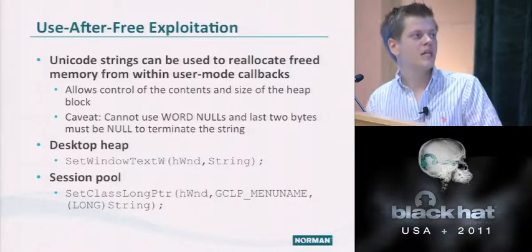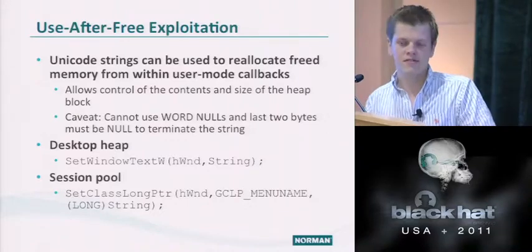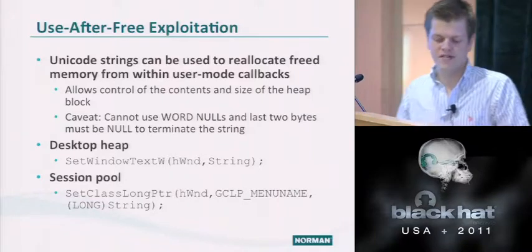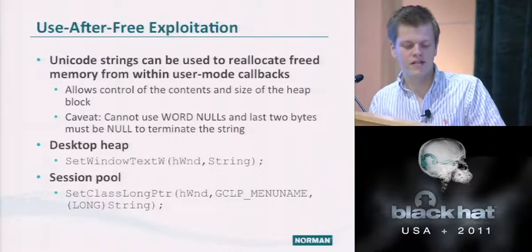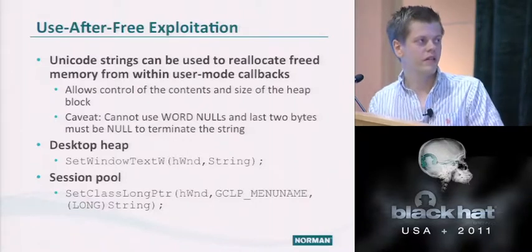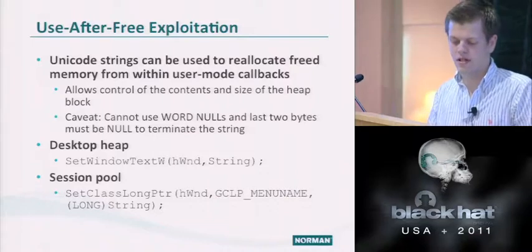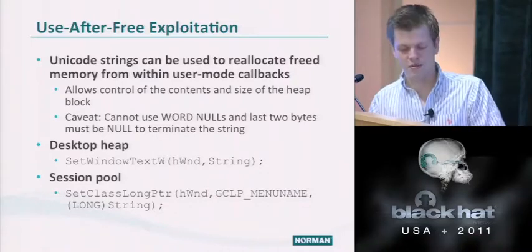For the desktop heap, you can use SetWindowText to set the text of a window. On the session pool, you can use SetClassLongPtr, and these are really the two you need to worry about. The shared heap is not much used.